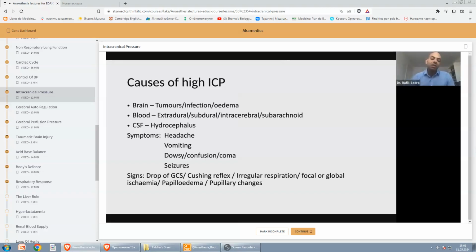Second thing, any patient like that, you will definitely do your ABCD, and you should check their pupils. They might have papilledema. Papilledema is not a good sign, okay, this is reflecting the high intracranial pressure. And sometimes pupillary changes. What I mean by pupillary changes is unequal pupils.